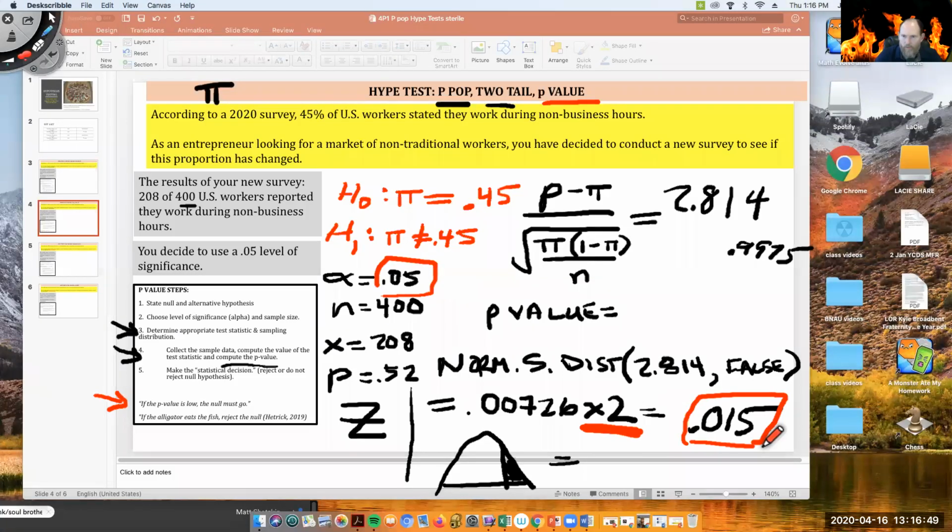Okay? So 0.015 is less than the level of significance, so you would reject the null hypothesis. Okay? I'm sure some guys in white lab coats came up with this and they thought it was so cool. I don't know. Here's another way of looking at it.